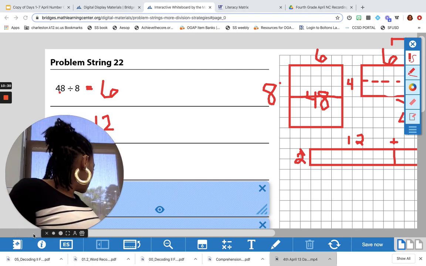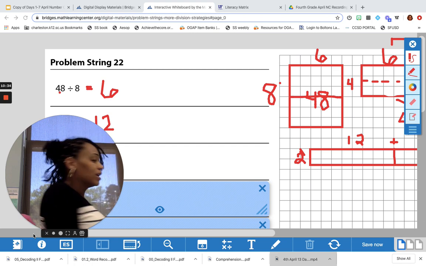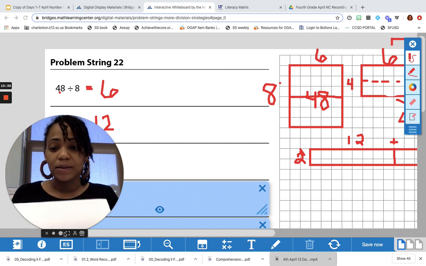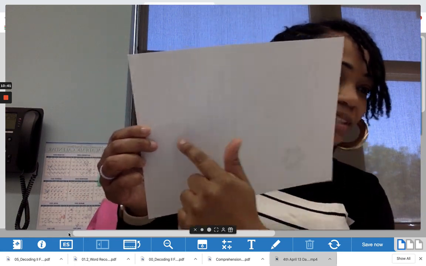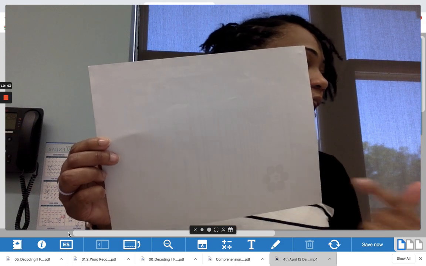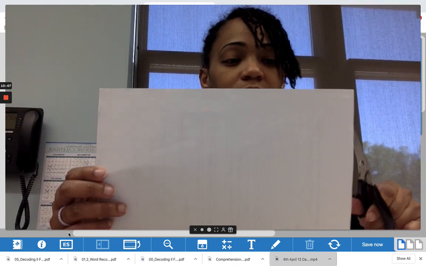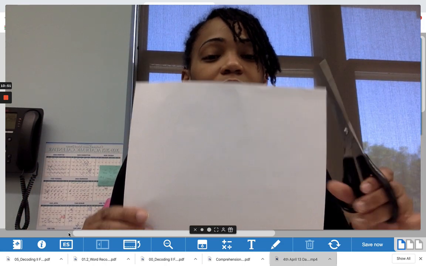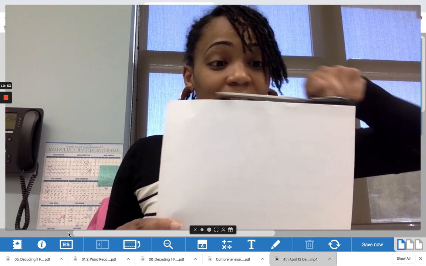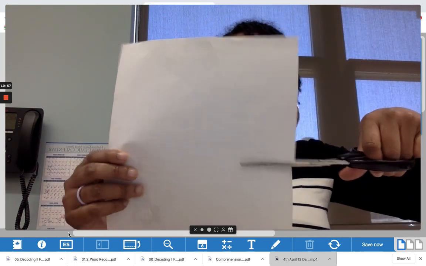And so again, I'm going to demonstrate that with a piece of paper. So here's my piece of paper. I'm going to make myself really big. Here's my piece of paper. And I'm saying that this has an area of 48. If I want to change the dimensions, let's just say, I'm going to do it this way. We had 6 here, and this is 8 because this side's longer. And I'm cutting 8 in half.